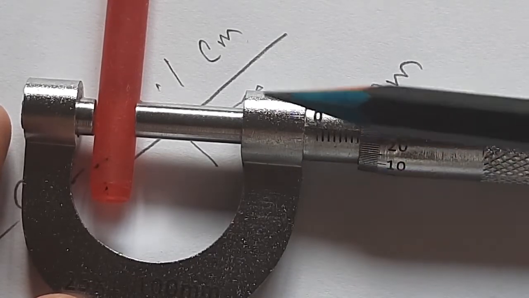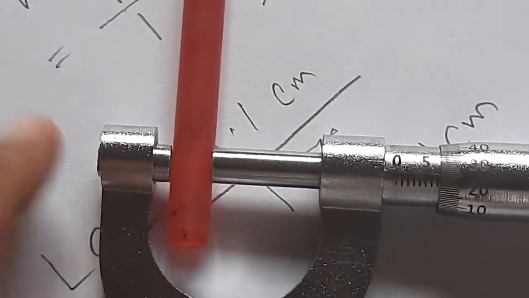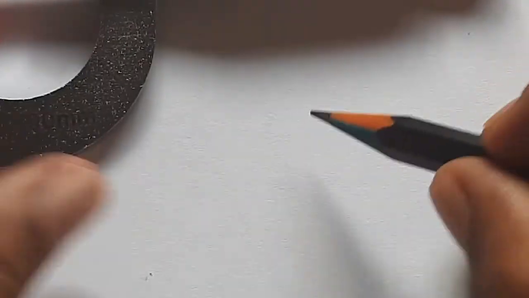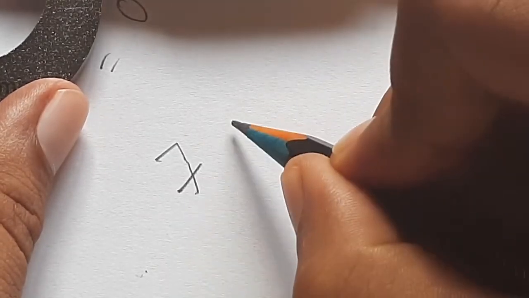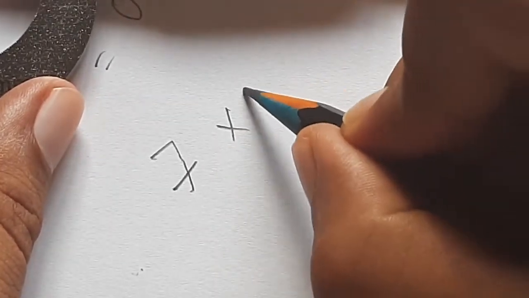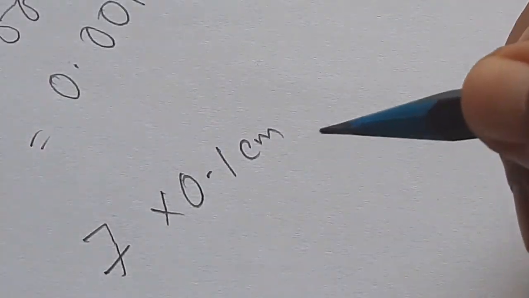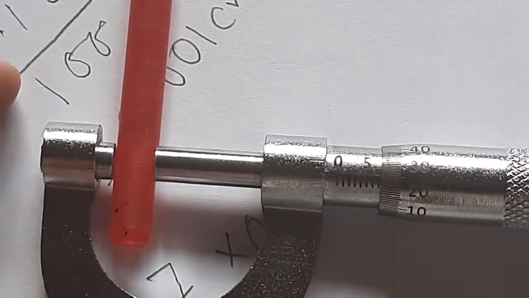So 7 complete lines it covers, meaning 7 divisions. 1 division is 0.1 centimeter. So 7 into 0.1 centimeter, but it is not done completely.